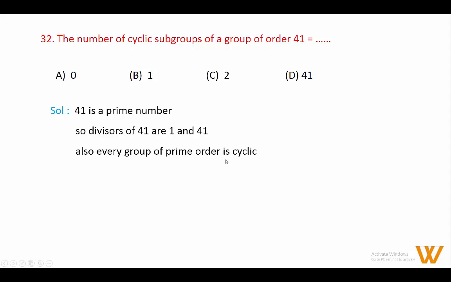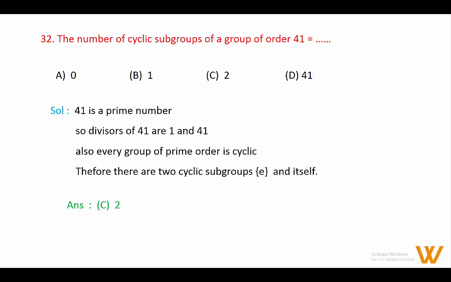Also every group of prime order is cyclic. Therefore there are two cyclic subgroups: the single element identity and the group itself, because the group of order 41 is itself and the single element identity is the group of order 1. So the answer is option C, 2.